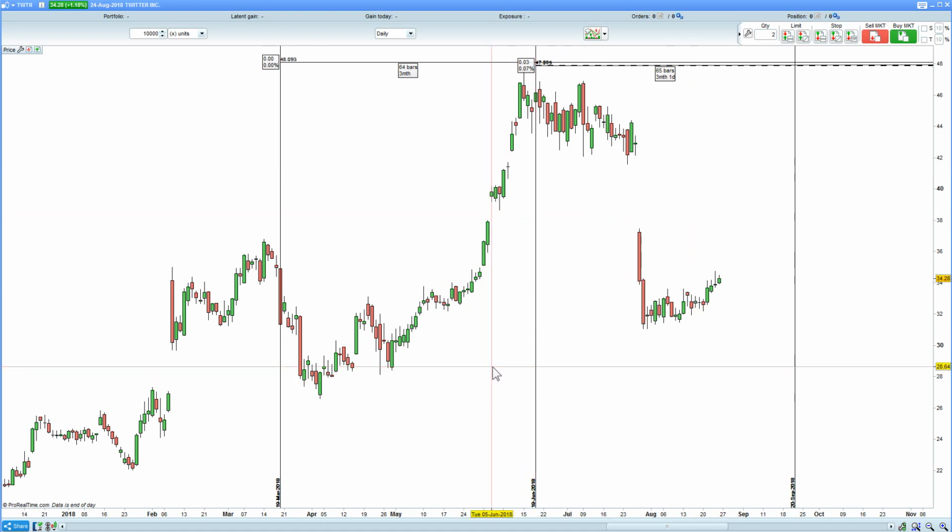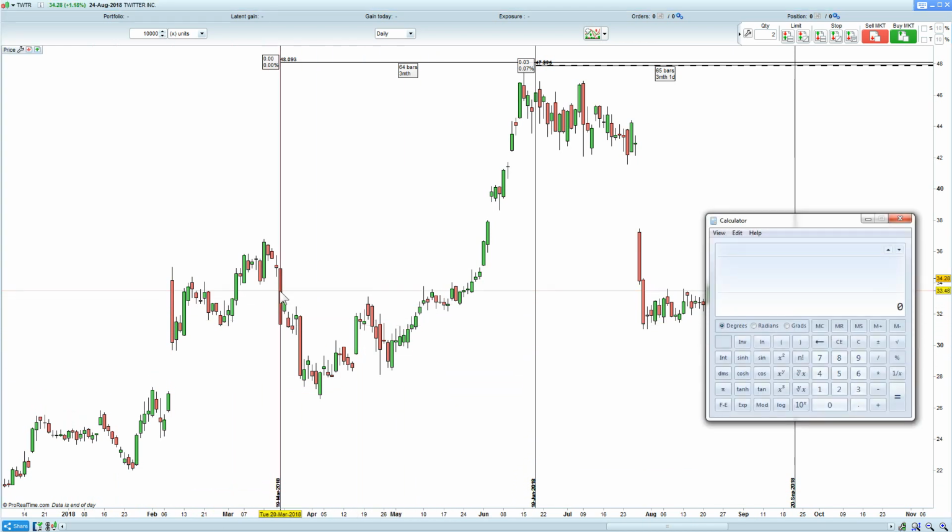Now, the first thing we need to do after we find the length of the season is to calculate the median price or the average price of the very first trading day. Here we had a very big trading range. It was a high of 34.95, subtract the low of 30.61. We get a range of 4.34.